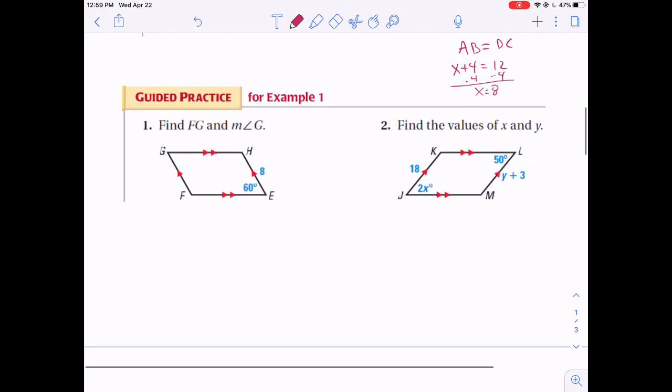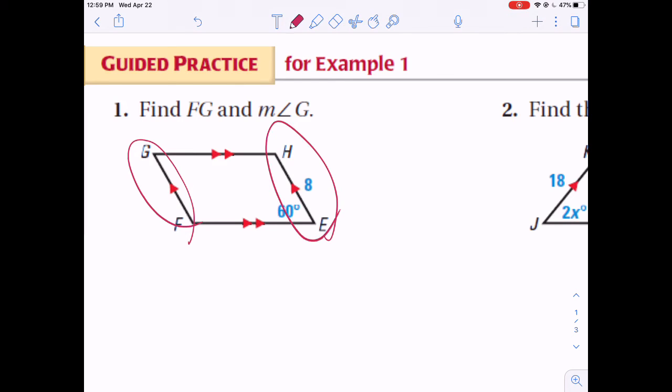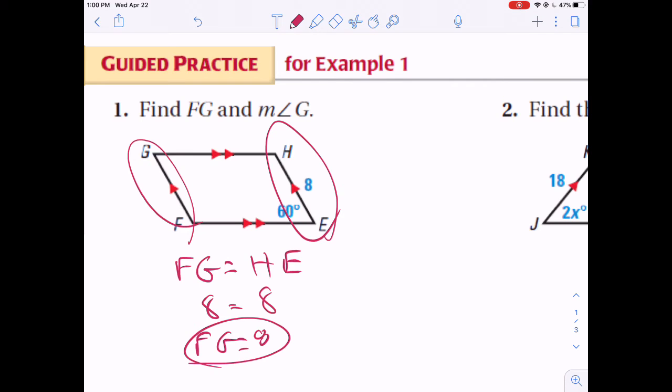Two more examples for you, and I'll let you guys try them. It says find FG and MG. FG is over here. It's a parallelogram, so opposite sides are equal. Over here is my HE, and HE and FG are equal. So FG equals HE. We know that HE is 8, so FG must also be 8. There's your one answer.